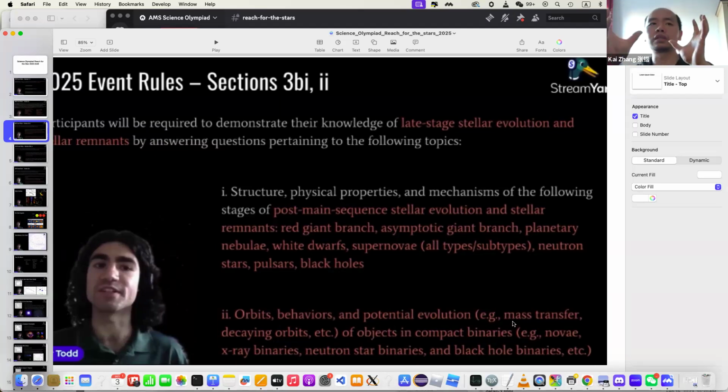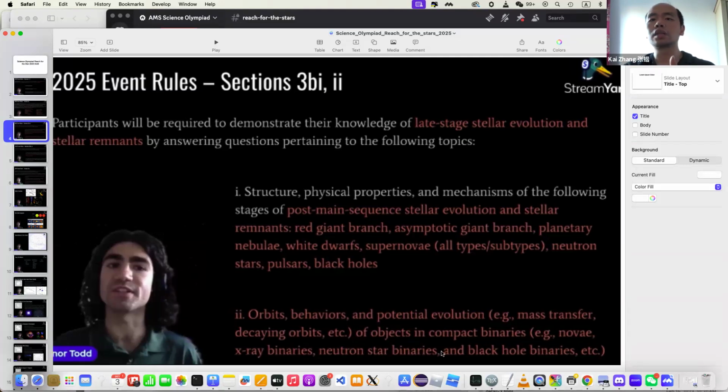For example, the mass from one star could go to another star, or you have some friction, so the two objects lose energy and get closer and closer, and rotate faster and faster. That is called a decaying orbit. And there are different combinations of compact binaries, like novae, X-ray binaries, neutron star binaries, and black hole binaries.